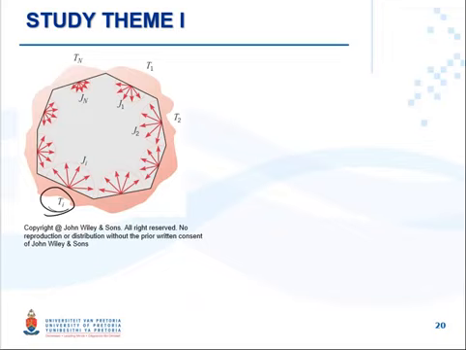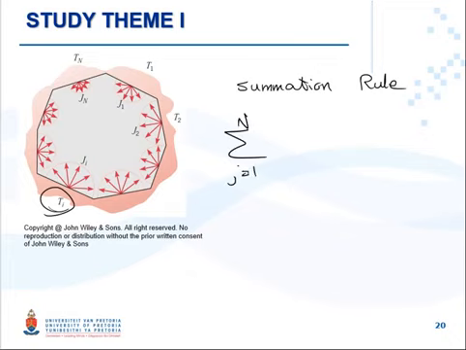So when the radiation goes out of surface i, it needs to be absorbed by all those surfaces together. Therefore the sum of the view factors from surface i of an enclosure to all surfaces of the enclosure, including to itself, must be equal to 1. So we can say that the summation rule has been proved: the sum over j from 1 to n of Fij is equal to 1.